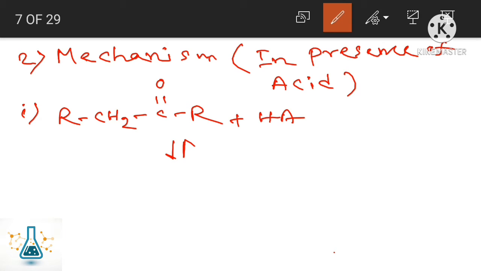It will be like RCH2 plus protonated. The carbonyl carbon will be protonated first.